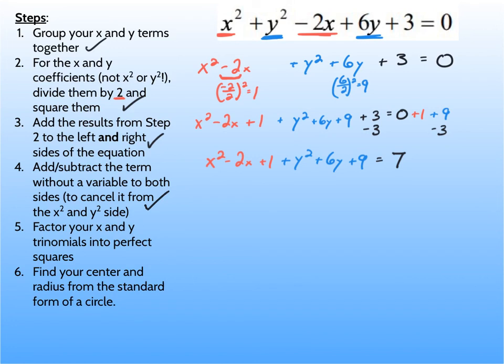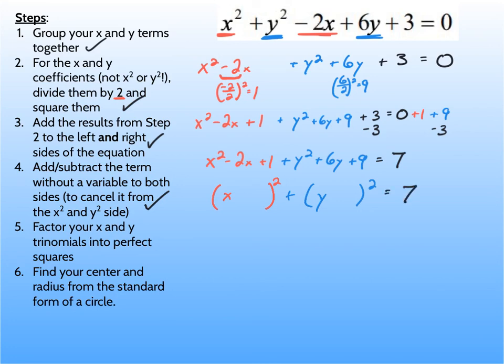Now for step 5. Step 5, what you want to do is this is going to become x something something squared. And then this is going to become y something something squared. And all of that equals 7.